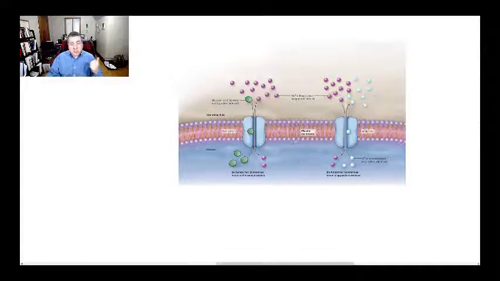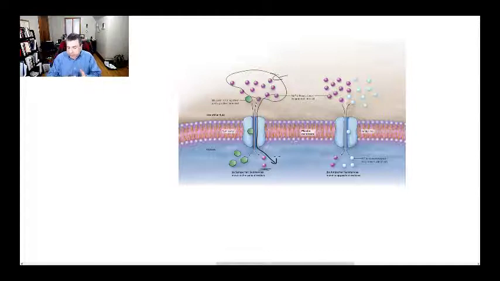Now there's symporters, where 2 substances move in the same direction. These purple things that you see here represent sodium ions. Sodium moves through a channel passively down its concentration gradient. If you look at the number of sodium up here, we have far fewer down here, so sodium is passively going this direction.